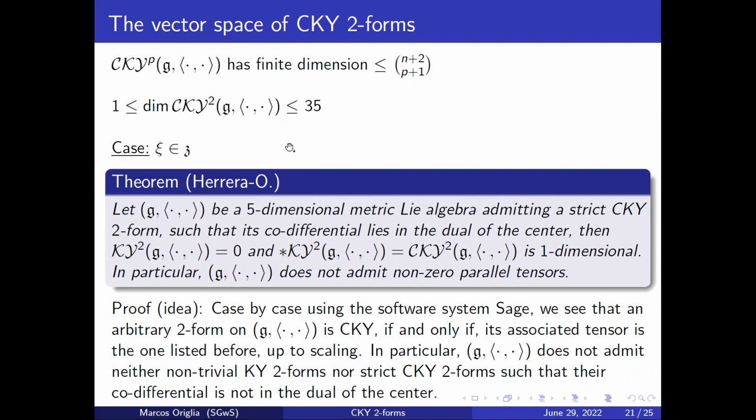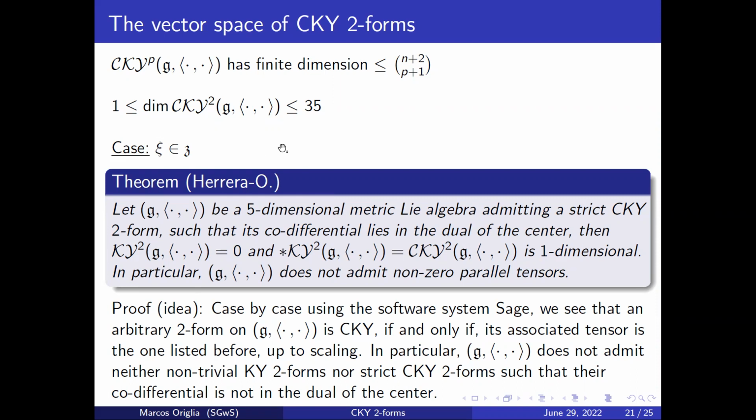Now I will say something about the first situation, when this special vector is in the center, and this is the result. If we have a Lie algebra with a strict conformal Killing 2-form, in other words, the codifferential of this 2-form lies in the dual of the center, it's the sign that this special vector is in the center.